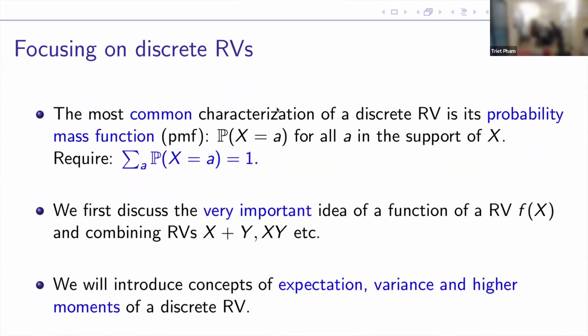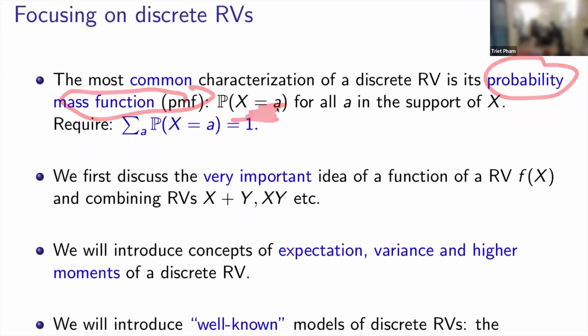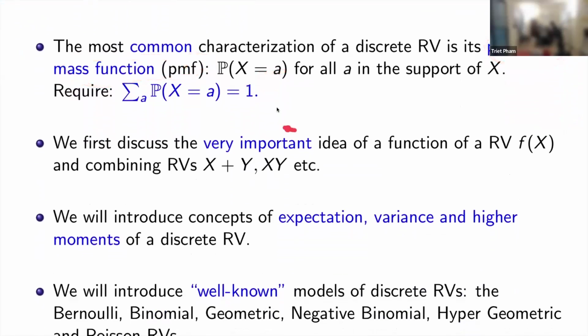Well, the first thing, we will look at the PMF, the mass function of a random variable. We'll look at combination of random variables via, let's say, a mapping of a function, and these are mapping by arithmetic operation. Okay. The point is, basically this operation results in a new random variable.